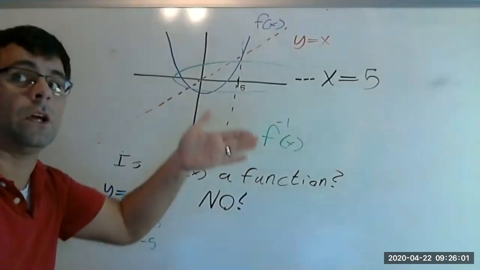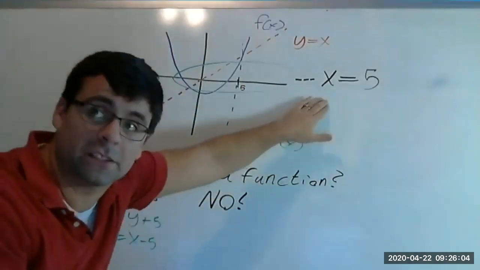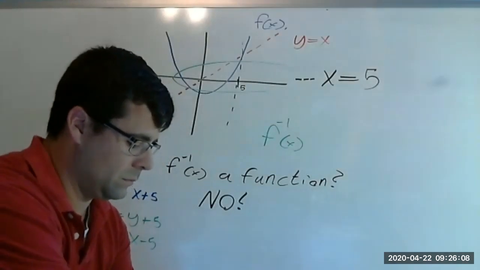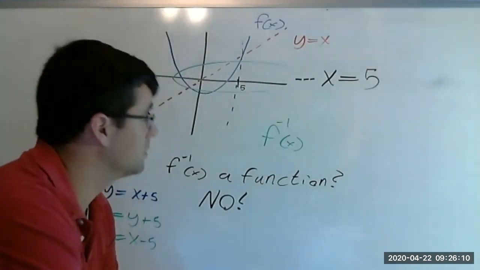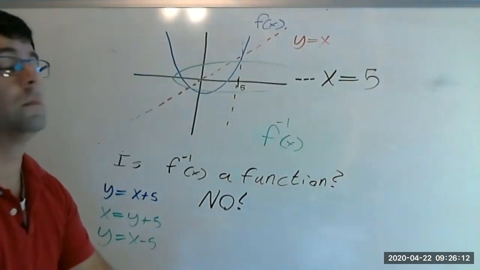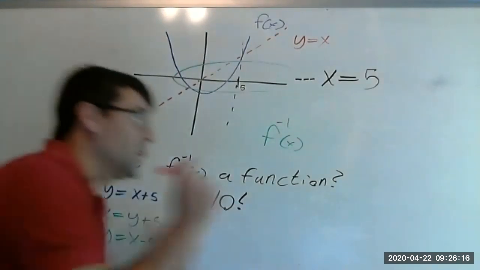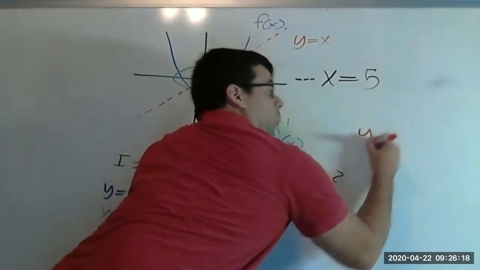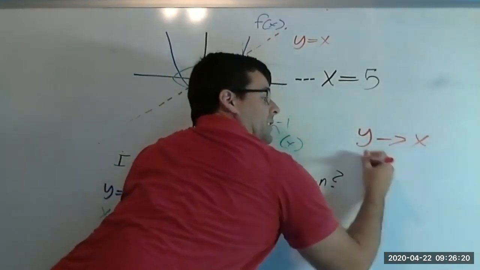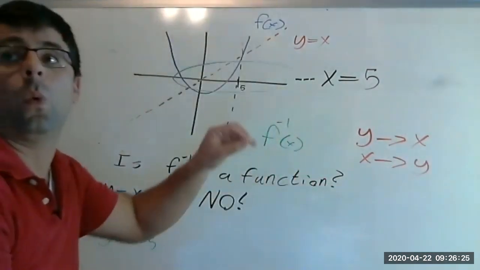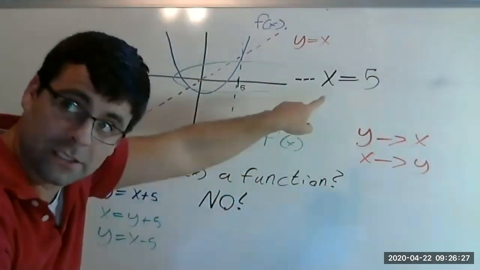So do that first step to this. And what do you get? 5 equals x. No. The first step is y goes to x and x becomes y. Do that to this.